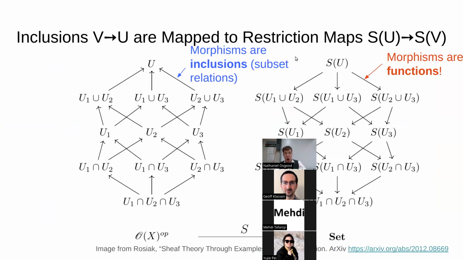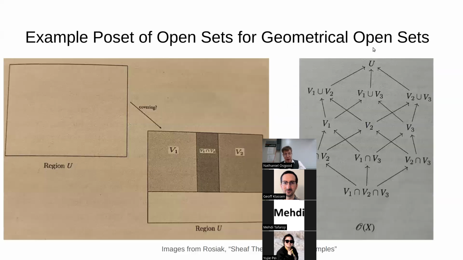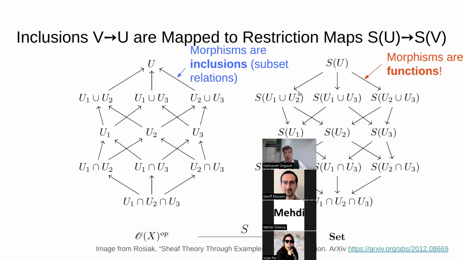And because it's op, that means that one of these inclusion morphisms going this way turns into a restriction morphism going down like that, right? Familiar? Now, what is this morphism? It's worth, again, reminding ourselves. Over here, morphisms are inclusions. What is this morphism? It's a restriction map.